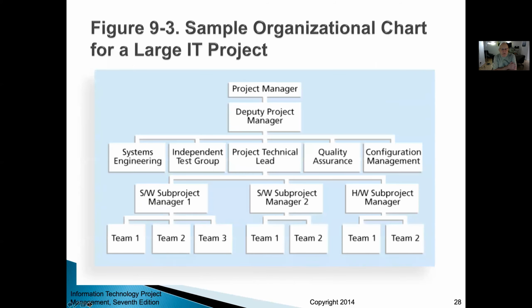This is an example of an organizational chart for a large IT project. So you have your project manager, deputy project manager, the test group, engineering lead, quality assurance, configuration management, and then you see your different projects and your different teams underneath those different project managers.